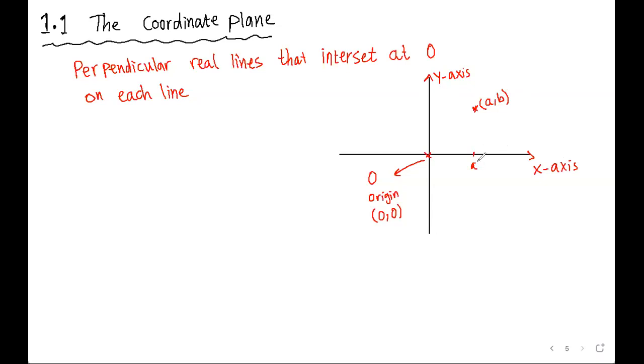So this is my a, and this is my b. So again, a comma b is an ordered pair such that a here is called the x coordinate. The b here is called the y coordinate.